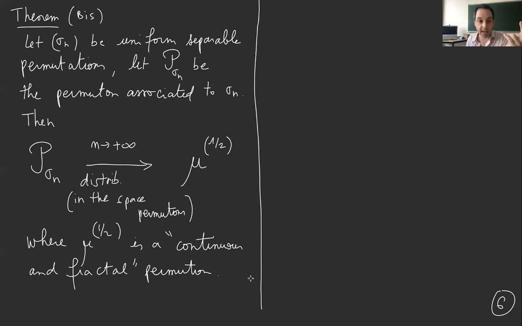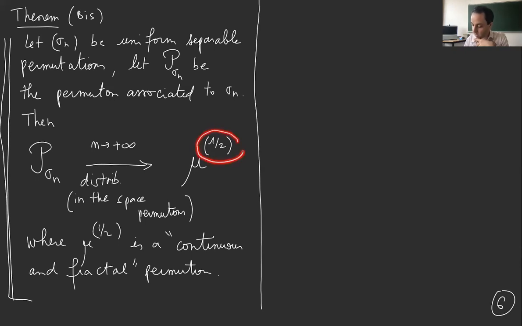And as you might guess, mu 1/2 is related to Aldous's continuum random tree. There is a parameter 1/2, which means that we take a CRT and decorations are fair on internal vertices. So pluses and minuses occur with probability 1/2 and 1/2.